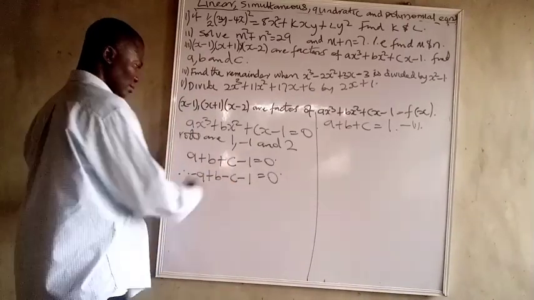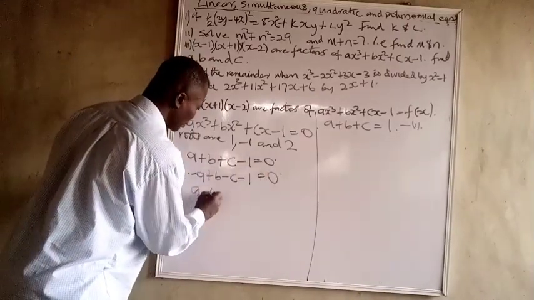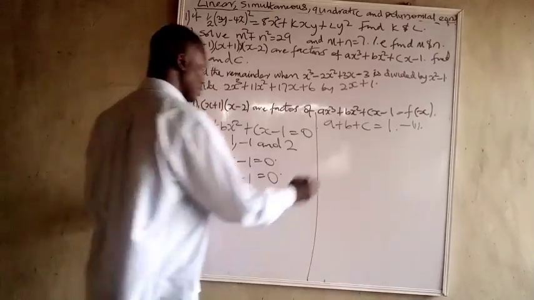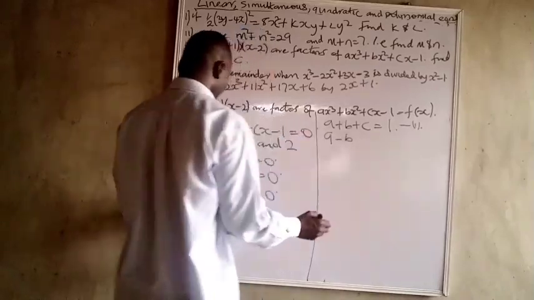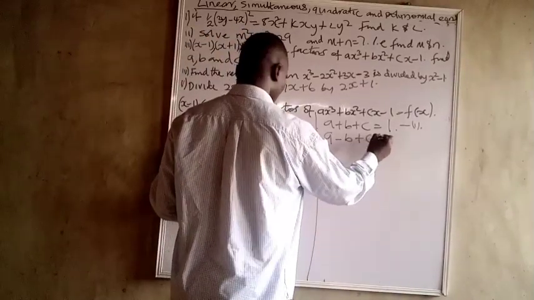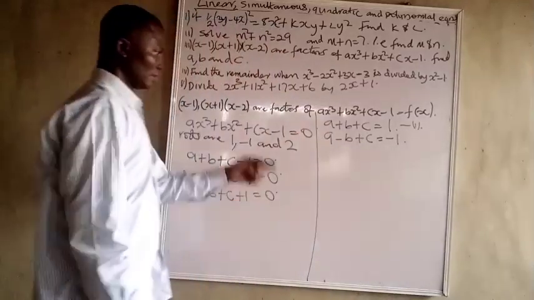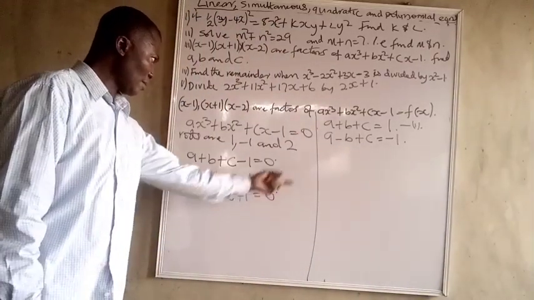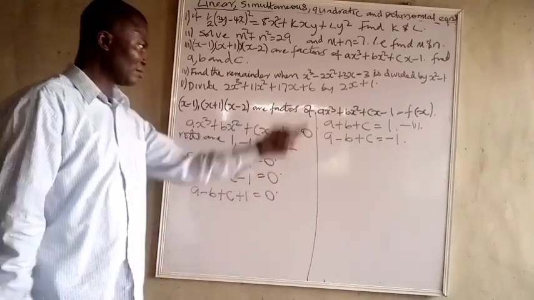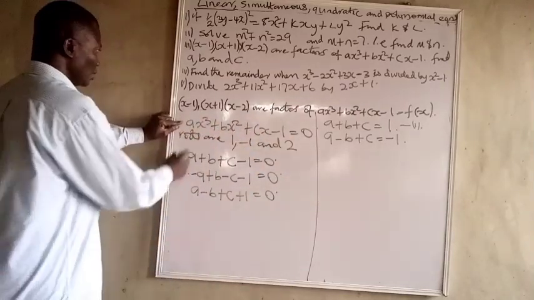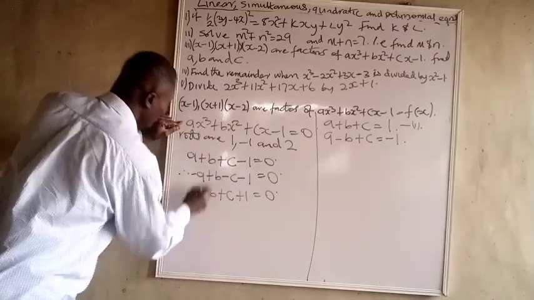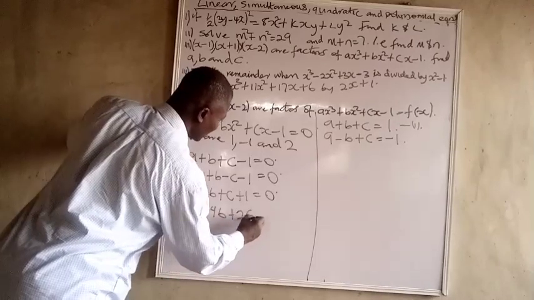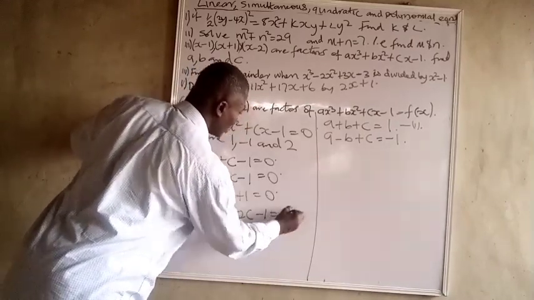So let me multiply by minus 1. So this one: a minus b plus c plus 1 equals 0. Therefore, a minus b plus c is equal to minus 1. Now let me use the next one. This is 2, so I'm going to have 8a plus 4b plus 2c minus 1 equals 0.